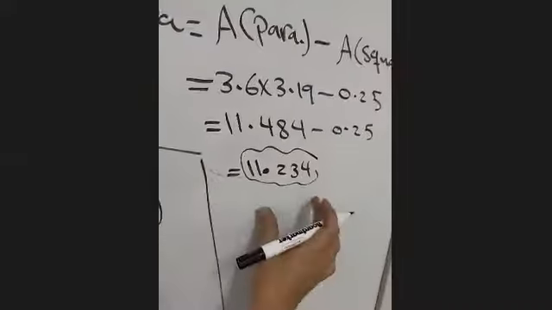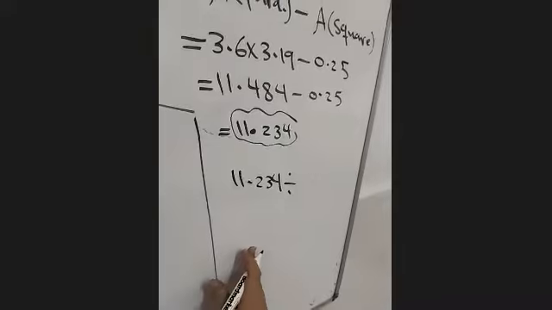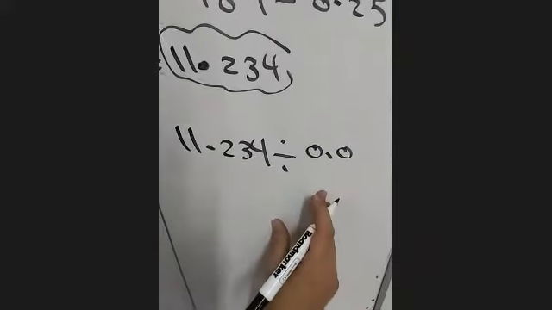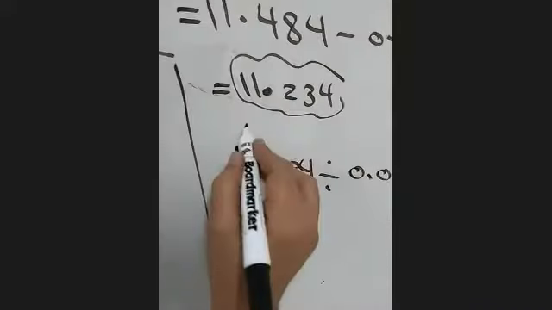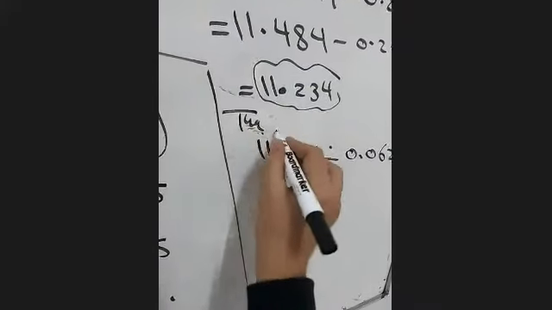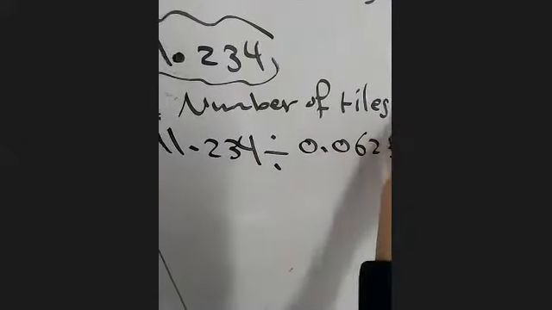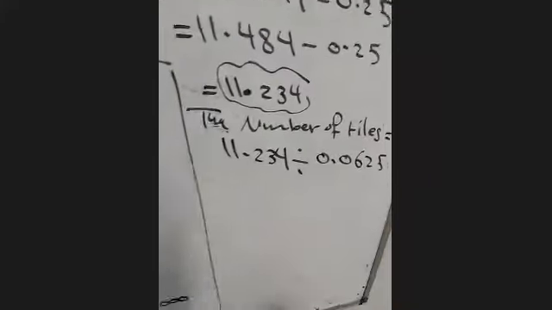To find the number of these tiles, as Omar said, we will divide the blue area, 11.234, by the area of each tile, which is given as 0.0625. Here I will write before, guys: the number of tiles equals the blue area divided by the area of each tile.